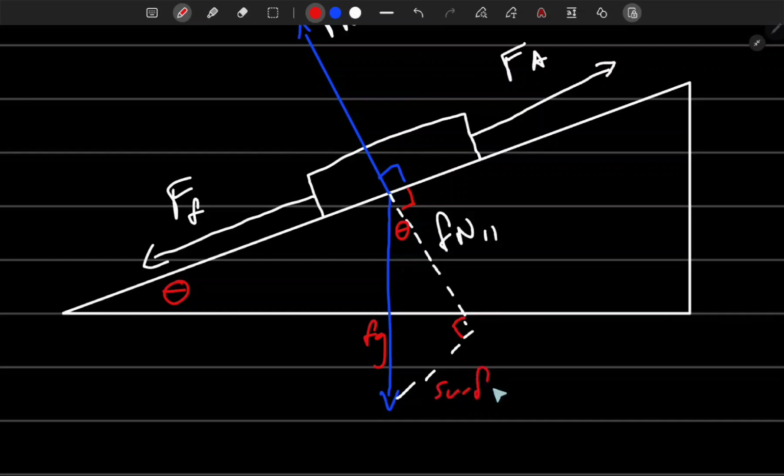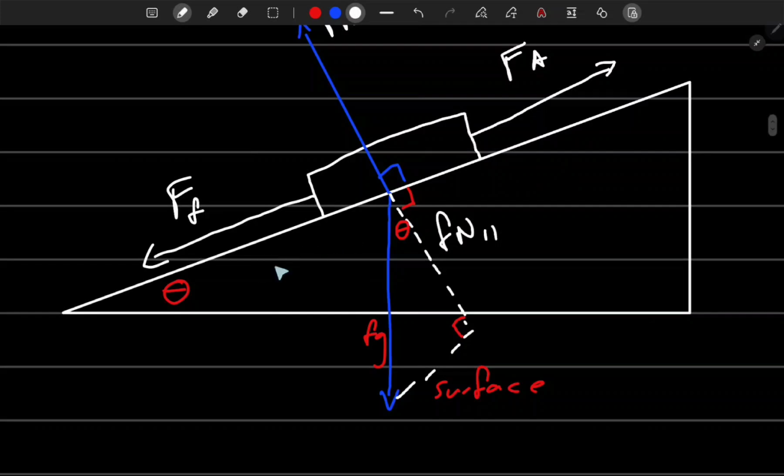Now, something that I want you to note is, if you take an object and you put it on an inclined plane, this object is going to want to come down. There's going to be a force that is pulling this object down towards this direction. The force of gravity that is acting on this particular object is not this force of gravity here. It's the force of gravity that wants to pull it down in this particular direction.